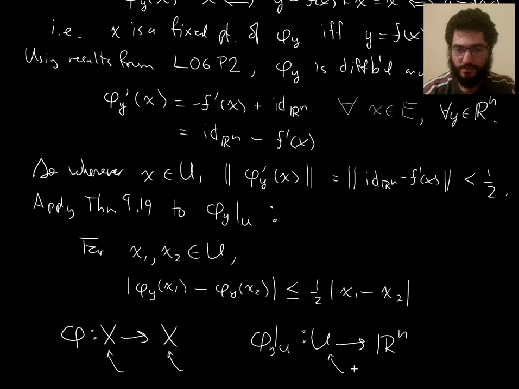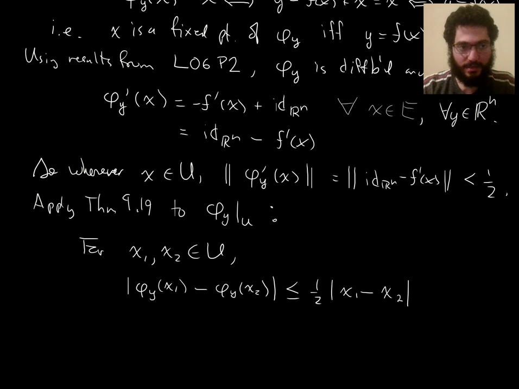So we don't know that U is complete. In fact, we know it's not complete. U is just an open ball, so it's not complete. All right, so we are not yet in a position to apply the contraction mapping theorem.